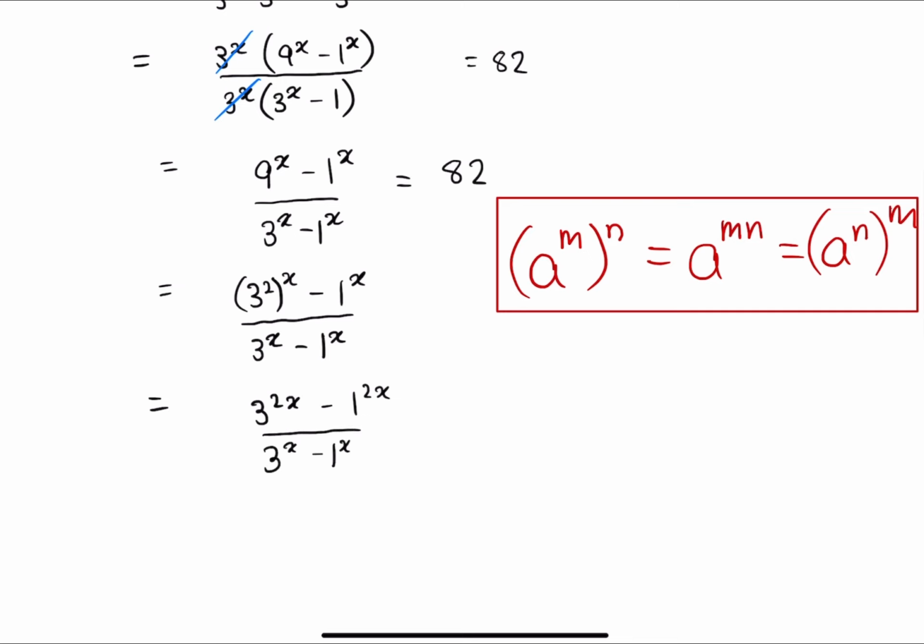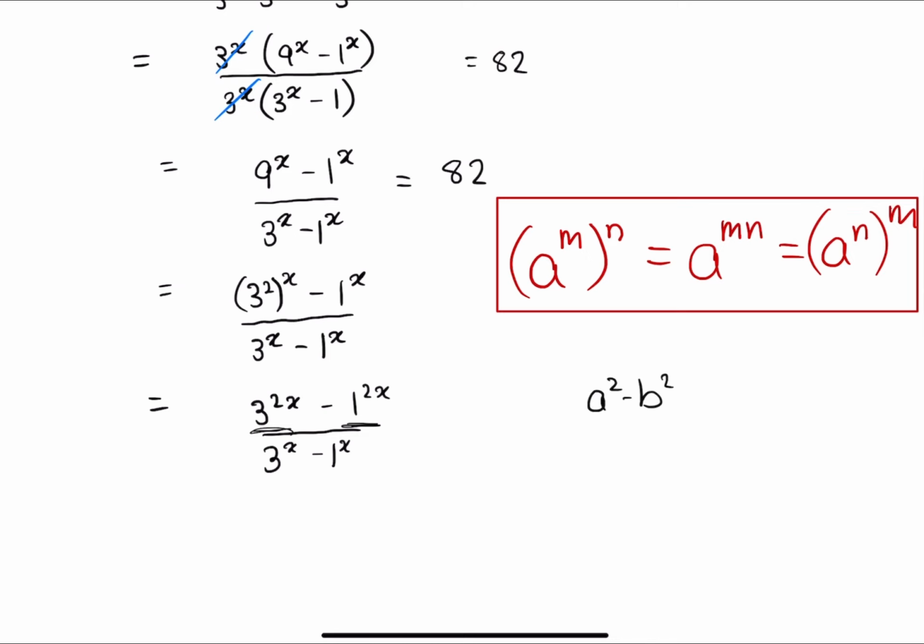And if you notice, we've been given 3 to the power of 2x minus 1 to the power of 2x, and they're both raised to the power of 2x. So this has been given in the form of a squared minus b squared.